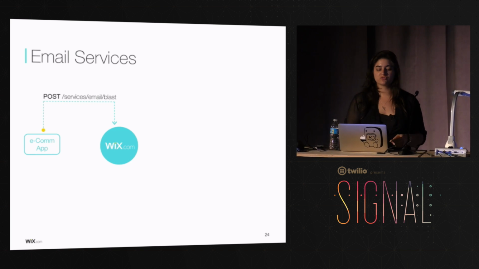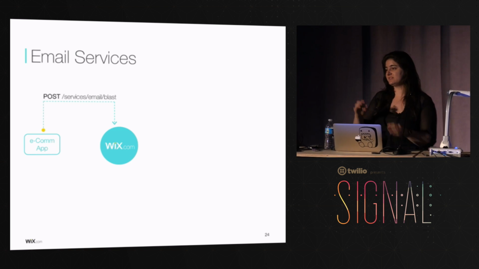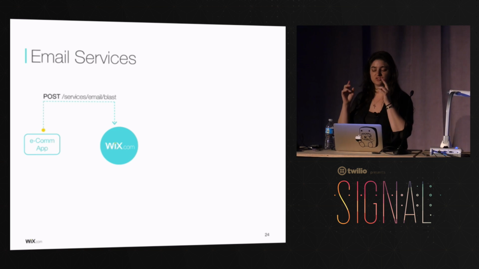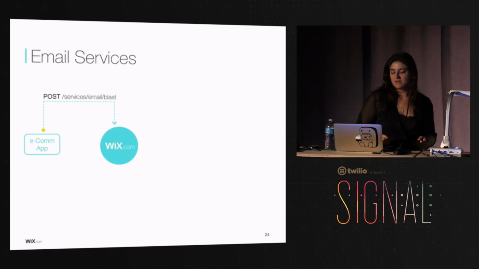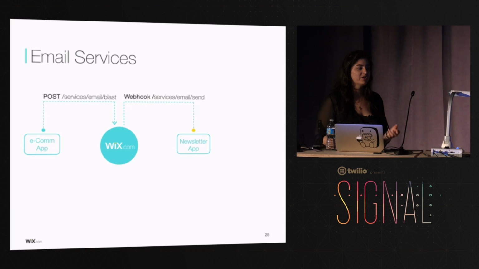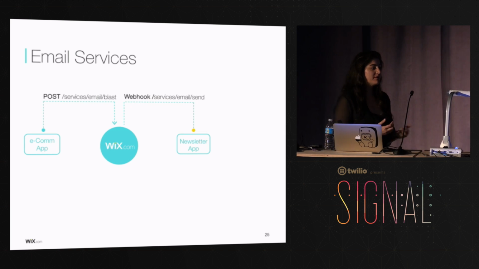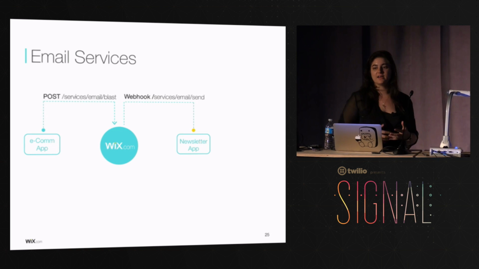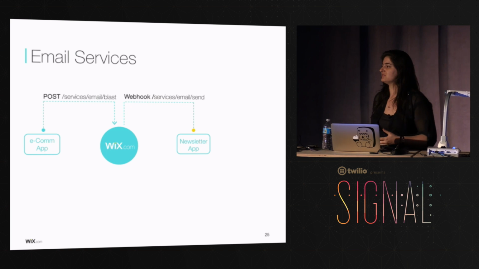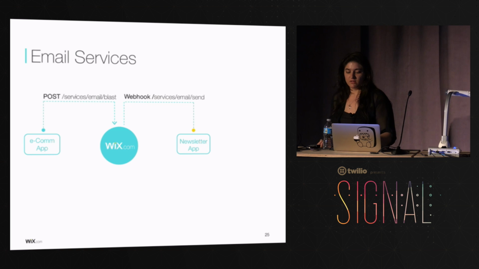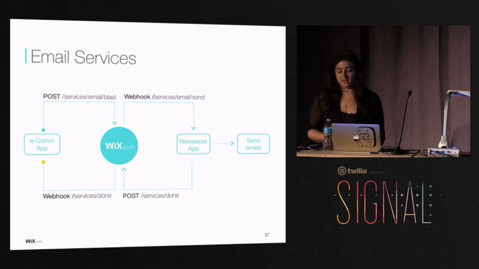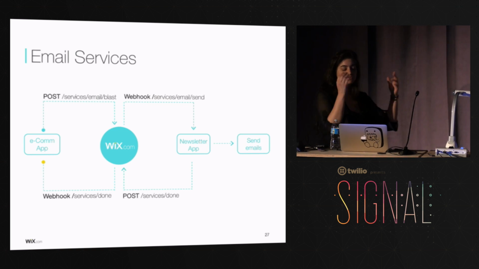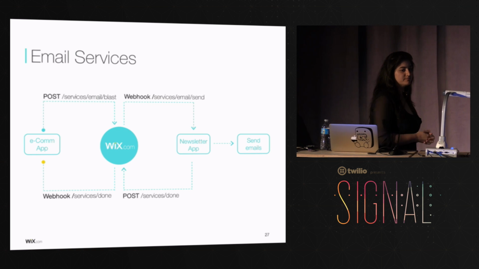It makes a post request to Wix and says, please send this template to these people. We in turn use our webhook framework to notify the application providing the service that someone wants to use their service. They send out the emails, they notify us back, and we in turn notify the application that made the request.